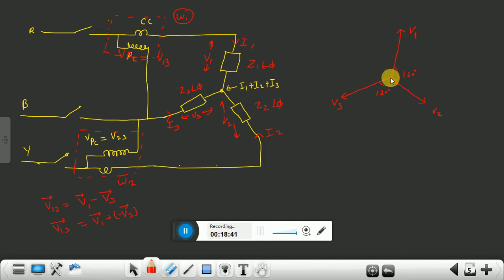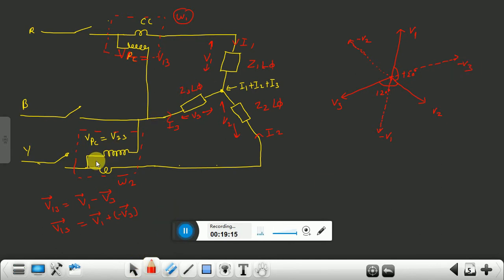This is plus V1 and this is your minus V1, this is your minus V2, and this is your minus V3.